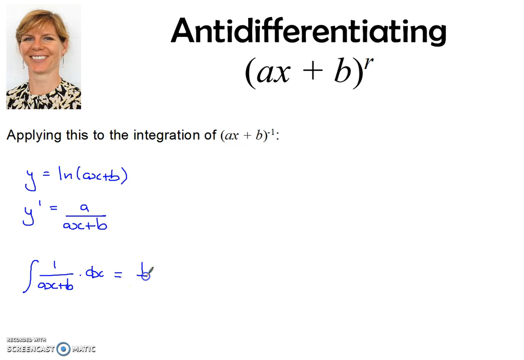So we're going to say 1 over a times ln, using our absolute value, of ax plus b, and remembering plus c. If you differentiate that, you end up with a over ax plus b, and then the a's on the top and bottom cancel out, and that gives you your 1 over ax plus b. So that's our form for integrating 1 over ax plus b. And if you have something other than 1 on the top, you just pop it out the front and then multiply it back in afterwards, which I'll show you in just a second with our example.